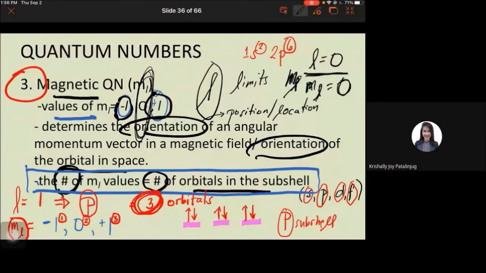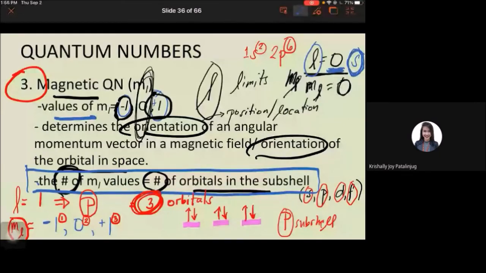Ilang value yan? Isang value lang yan. May I ask you? If L is 0, anong sub-level ito? S, tama. So, yung tanong, ilan yung orbital sa s?